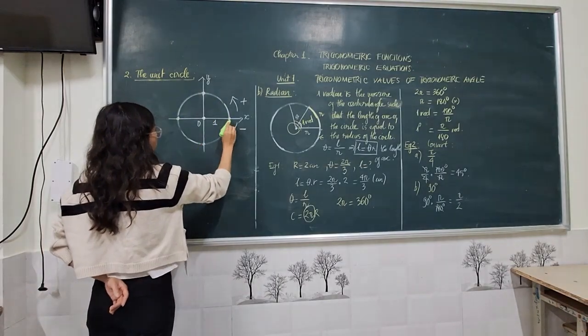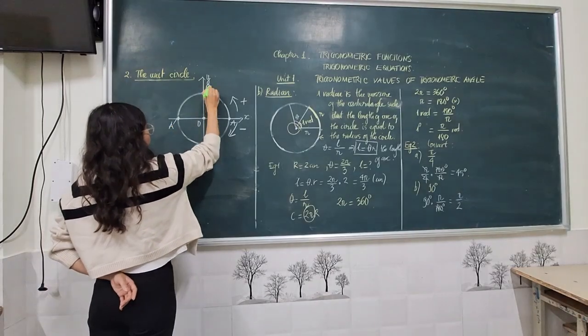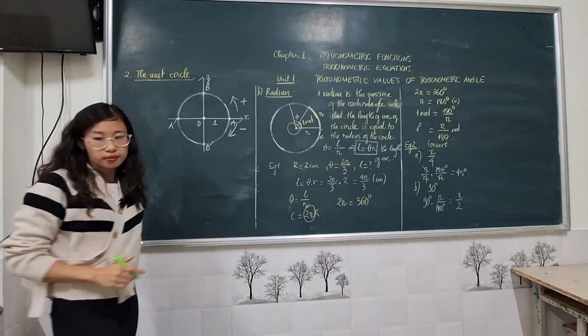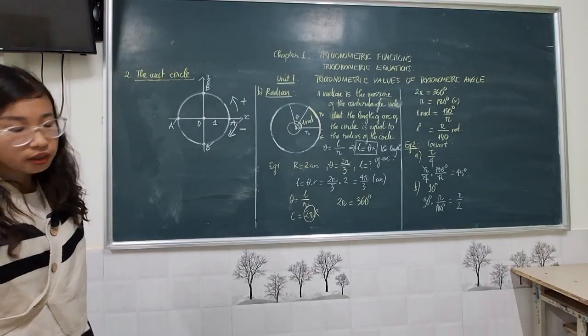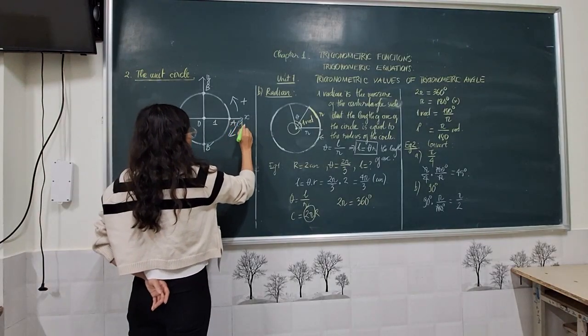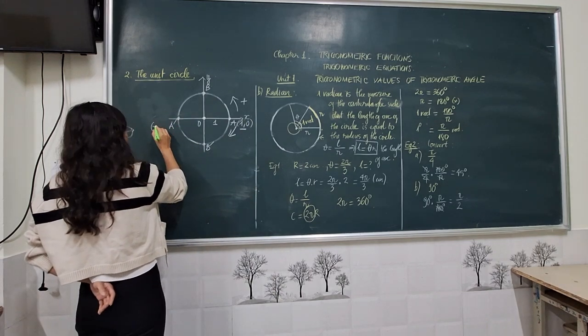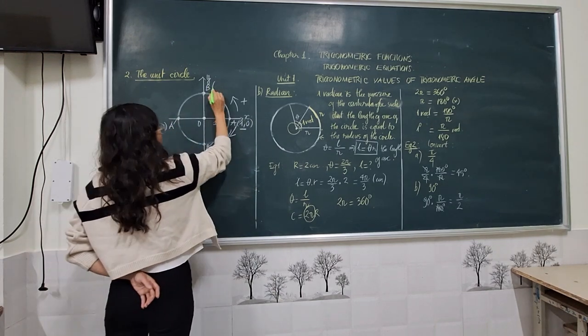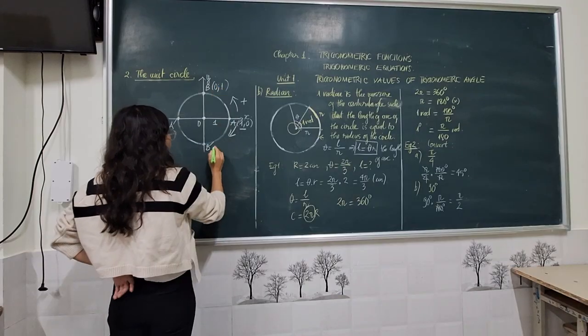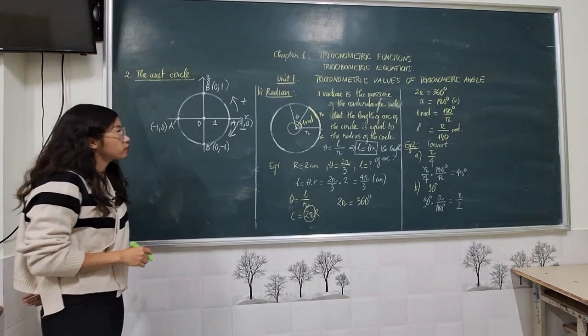And the unit circle intersects the axes at 4 points: A, A prime, B, B prime. And you can find the coordinates of each point. A is 1, 0, A prime is -1, 0, B is 0, 1, and B prime is 0, -1.